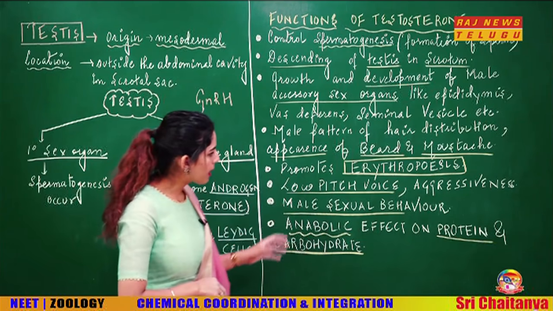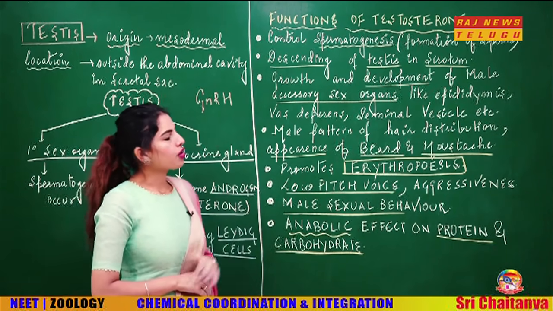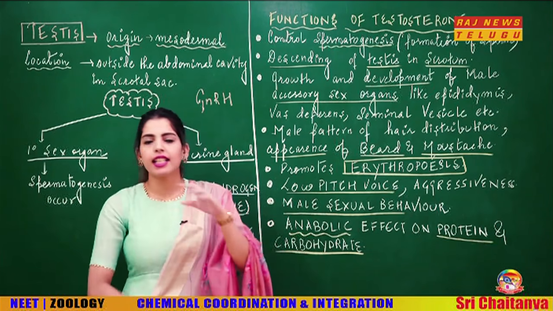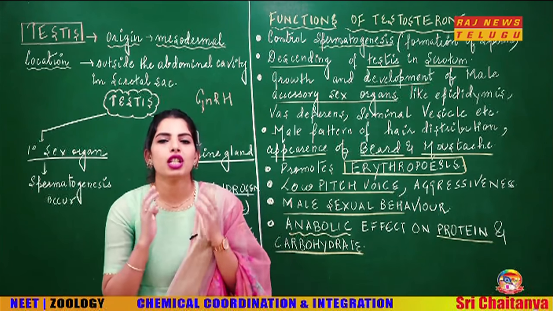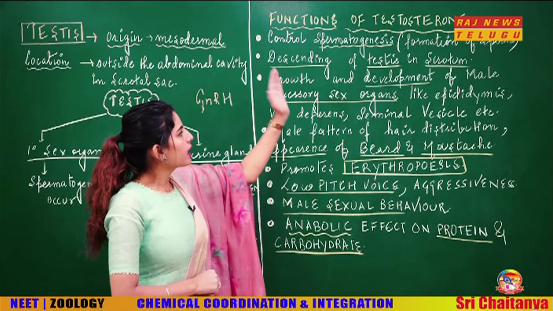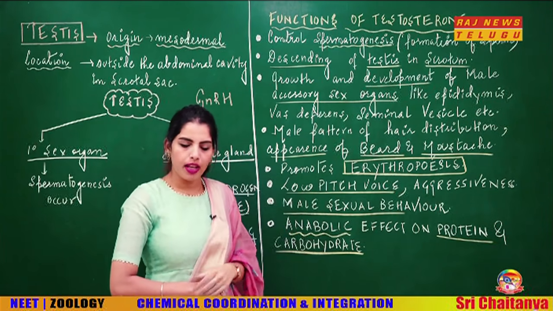So, I have mentioned quite a few functions of the androgen. Looking at the first function, it controls the process of spermatogenesis. It indirectly controls the formation of sperms. Looking at the second function, it helps in the descending of these testes in the scrotum.